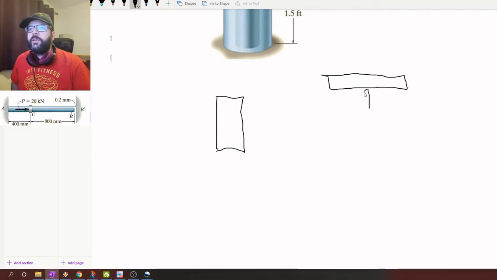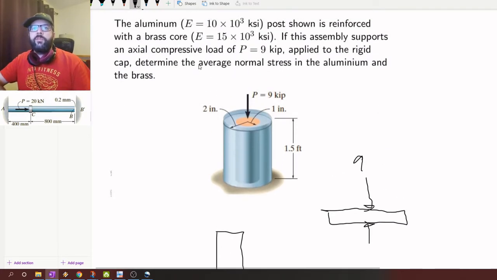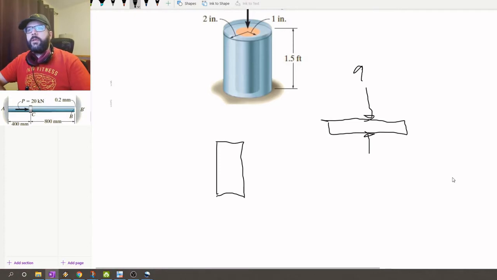So essentially, we've got this 9 kip load at the top, and then we're going to have some sort of reaction from the brass. Let's call that By.